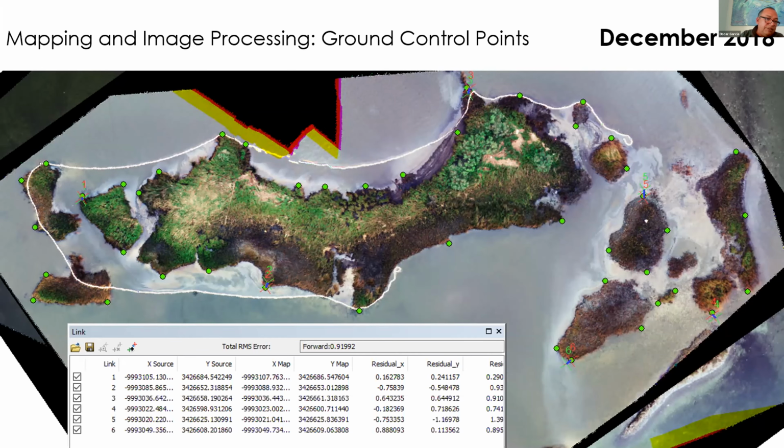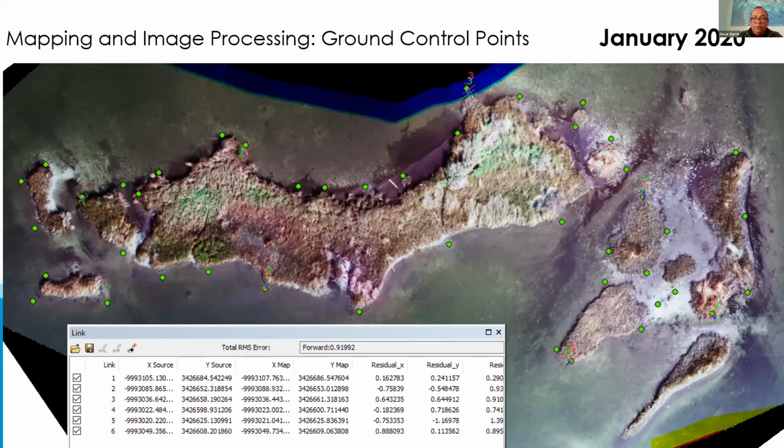For example, in this case, we selected a bunch of points around the islands that we were mapping, and these points were selected for the two surveys, 2018 and 2020.